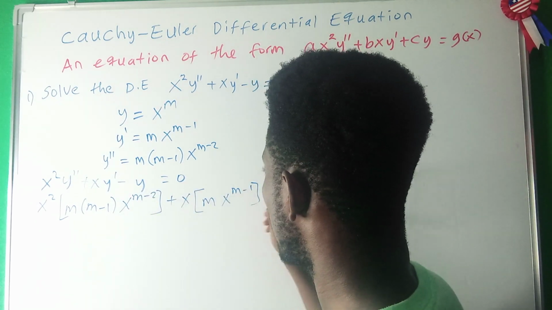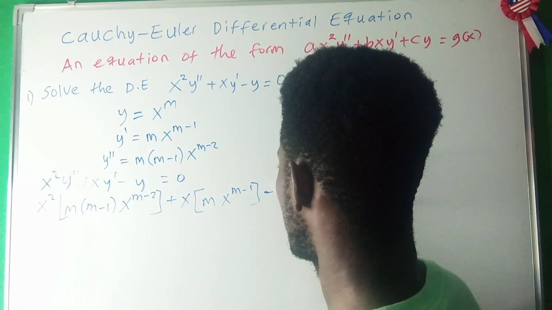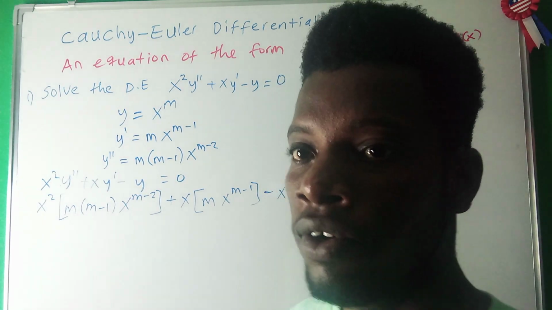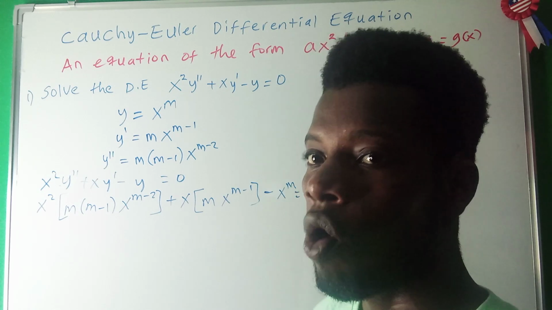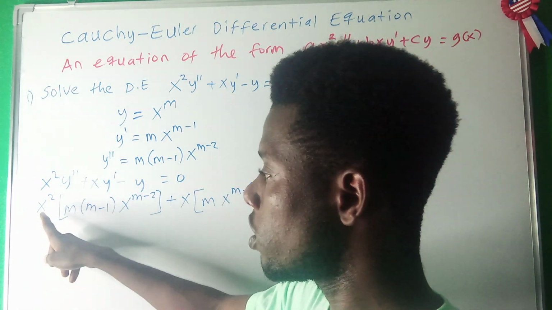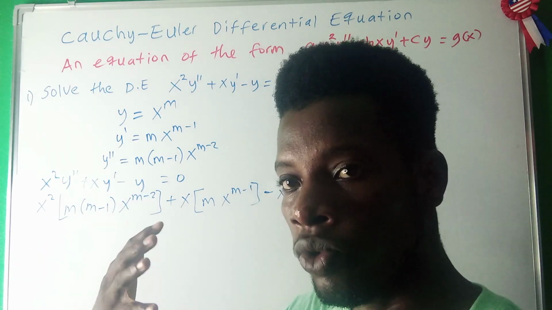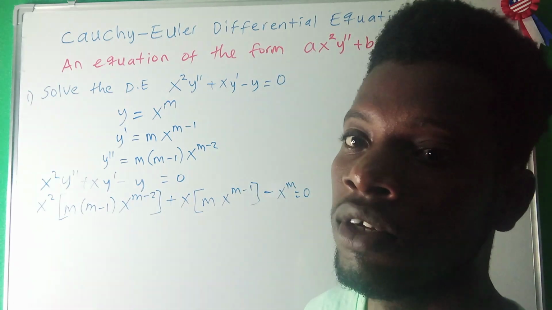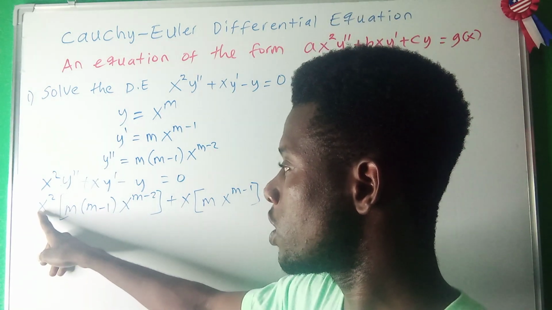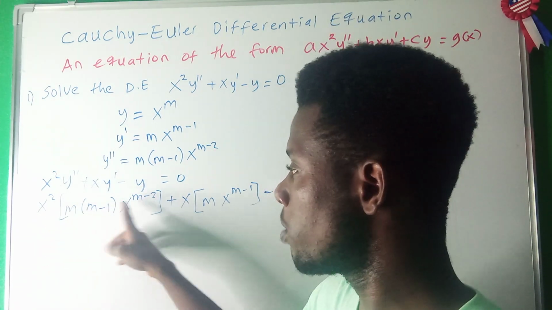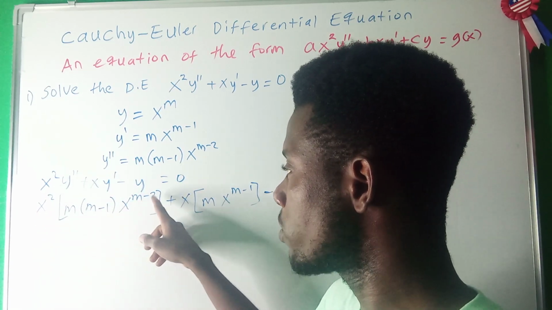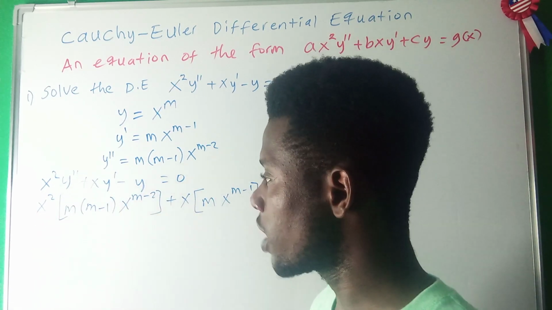And what is y? Y is x to the power m, equal to 0. So you replace all of these derivatives with their respective values, and then you simplify the result. Every time you substitute, you observe that the powers of x cancel, because we are multiplying x to the power 2 times x to the power m minus 2. Positive 2 and negative 2 go out.